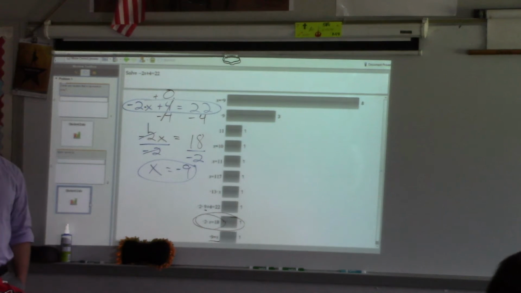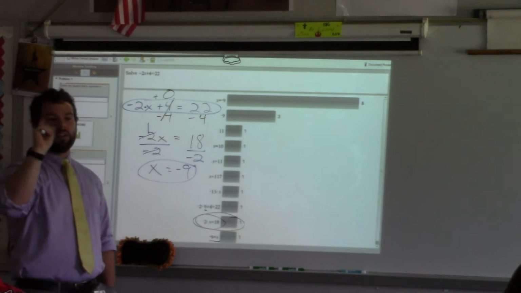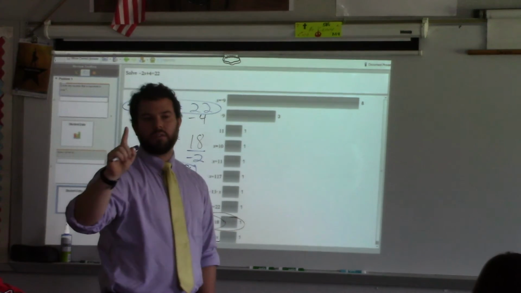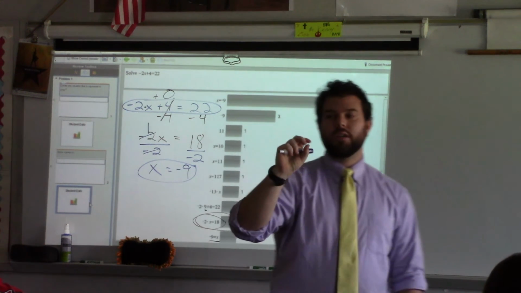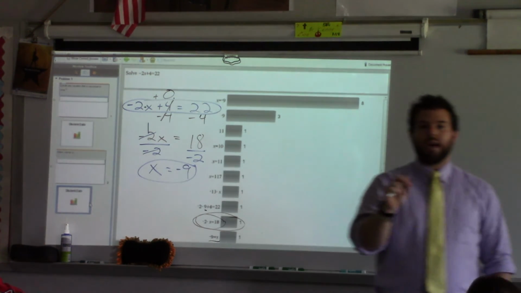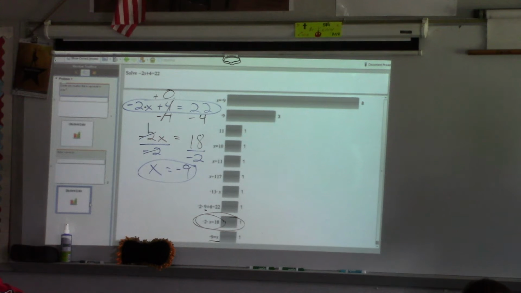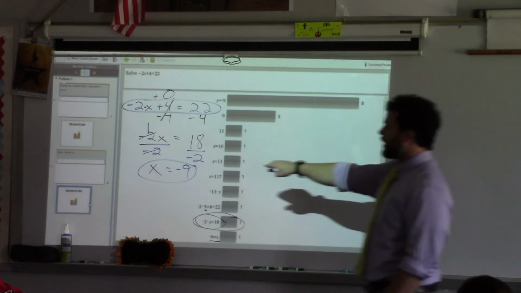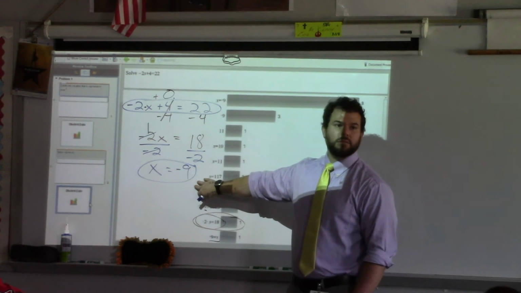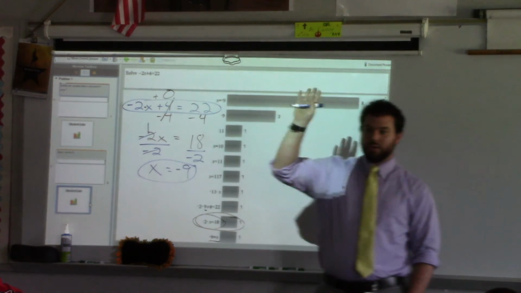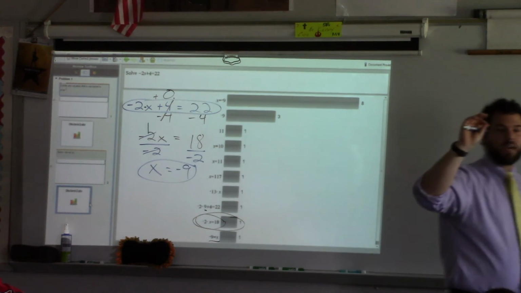They're equivalent. That means that they look different, but they are the same, so they have the same solution. Remember that, right? The whole point is that we are creating an easier equation that is equivalent to identify the solution. Very quickly, I know that my solution is what? -9.